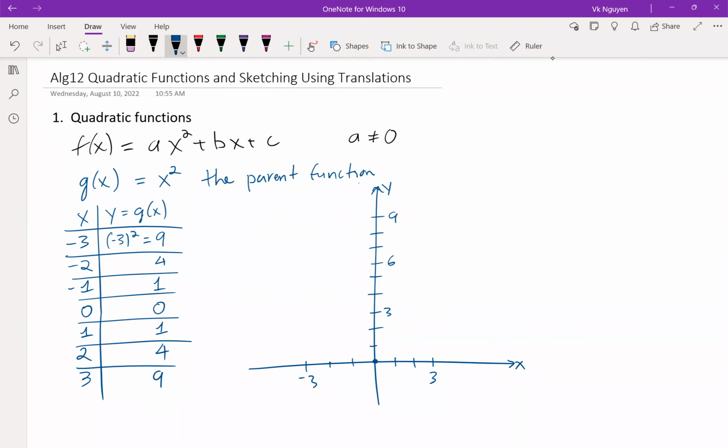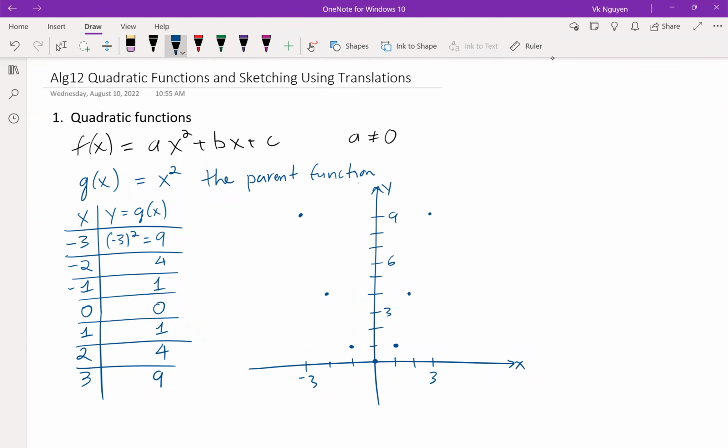I'm going to go in the middle, right? And then 1, 1, negative 1, 1, 2, 4, negative 2, 4, 3, 9, negative 3, 9.